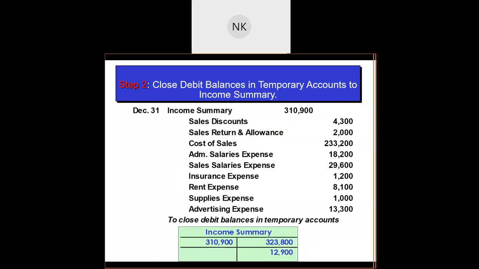That is the purpose. When you debit, firstly just now it's all in debit, right? So now you credit all the sales discount, sales return, cost of sales. So if you look at the individual ledger for sales discount, sales return, cost of sales, and all the expenses, you have zero balance. Right?